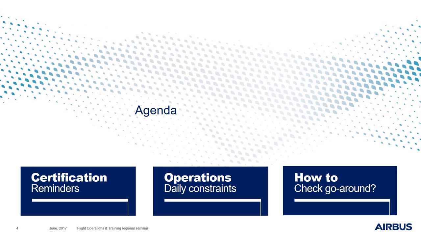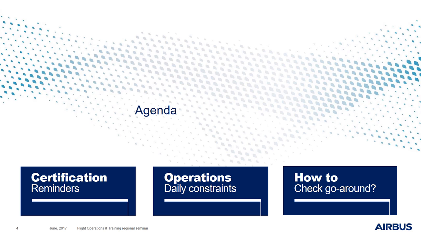As you know, go-around is a key point in aircraft certification. So I'm going to start this presentation by reminding you of the main criteria that must be considered for aircraft certification. You have to know that, originally, our performance software were designed to check the certification constraints.